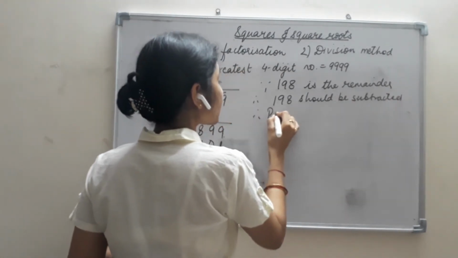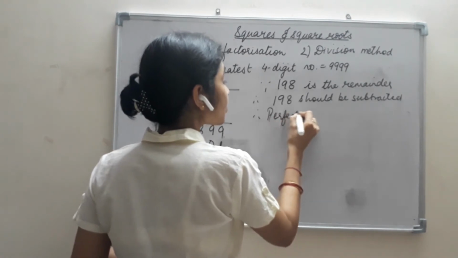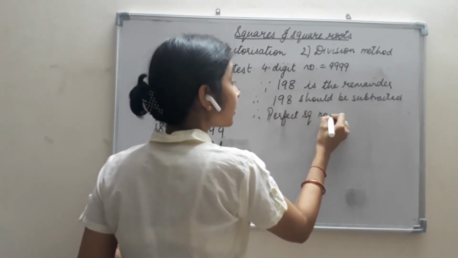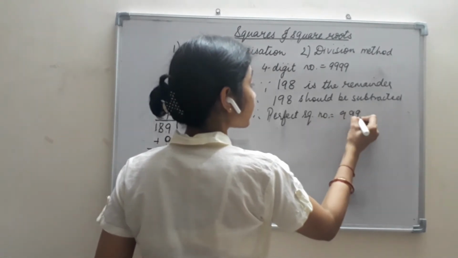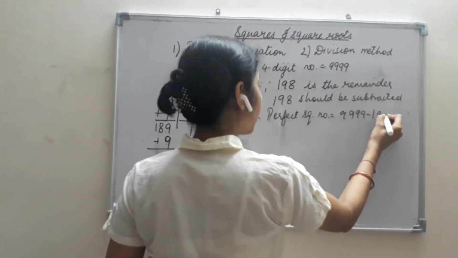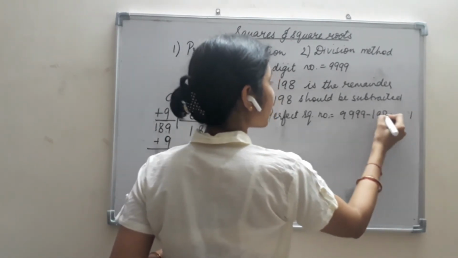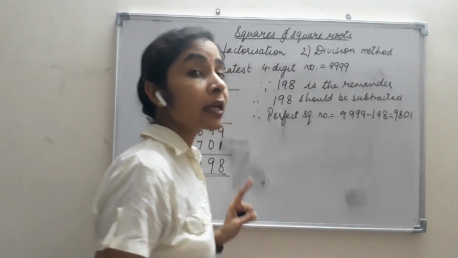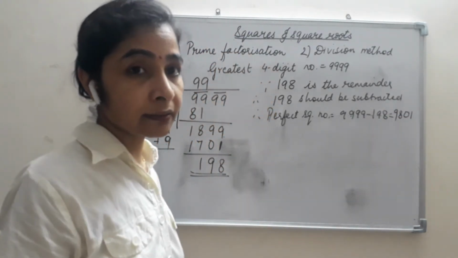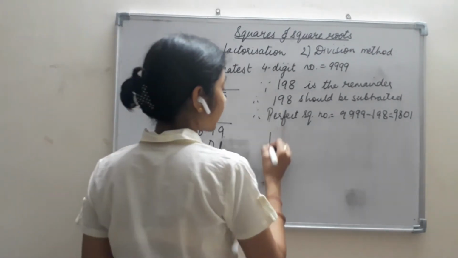Therefore perfect square number is equal to 9999 minus 198. So what do we get? 9 minus 8 is 1, 9 minus 9 is 0, 9 minus 1 is 8, and 9. Okay, that perfect square number is 9801.